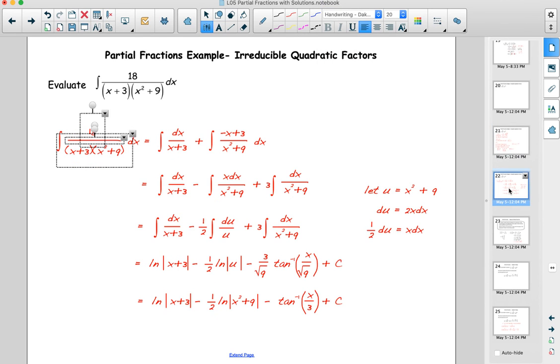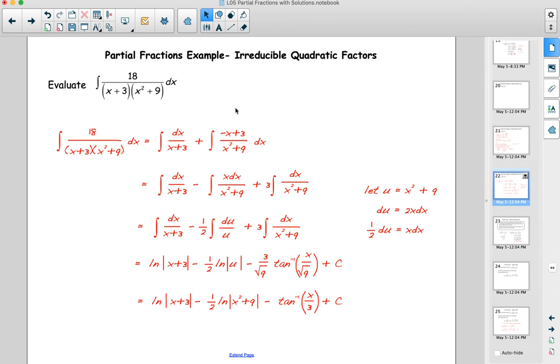Okay, resuming on this one, as I had mentioned previously, we're going to split this up into the integral of, a was 1, so 1 over x plus 1, plus b was negative 1 and c was 3, so we're getting negative x plus 3 over x squared plus 9 dx.